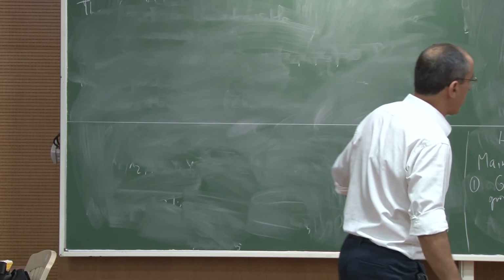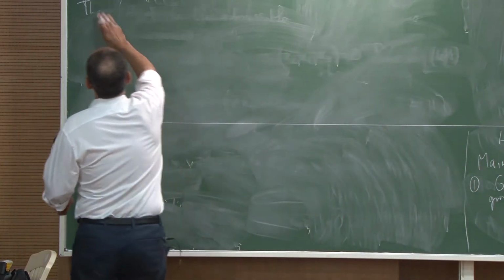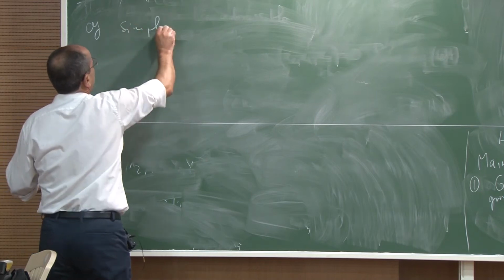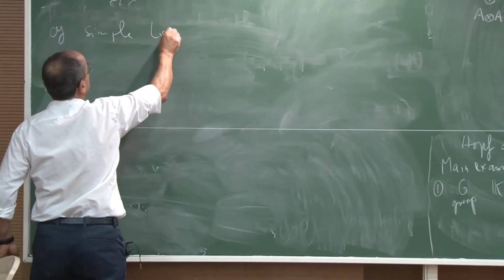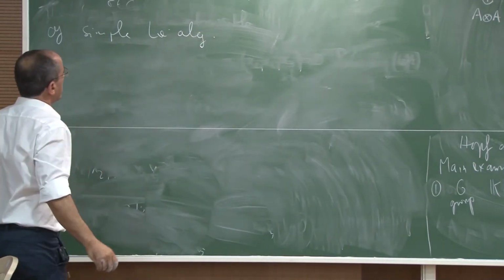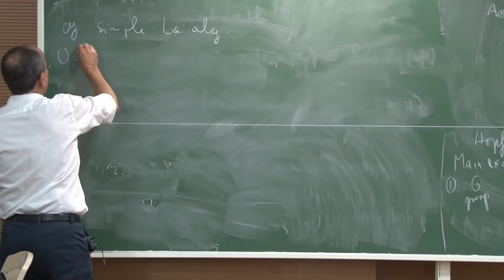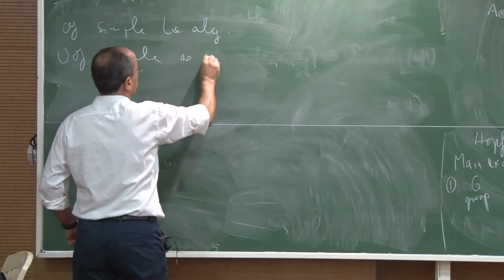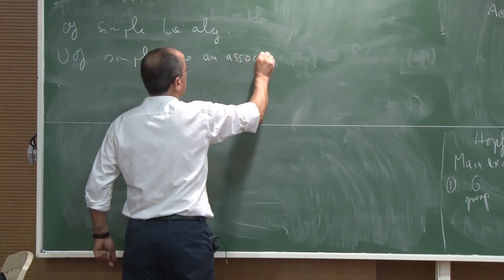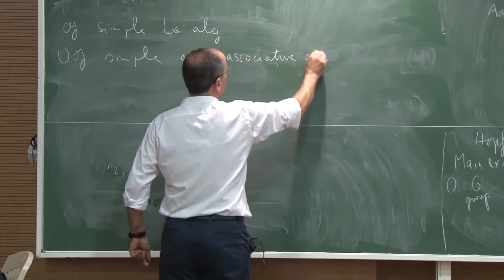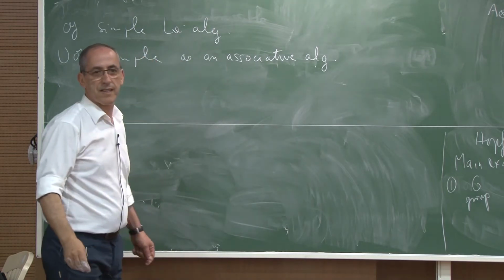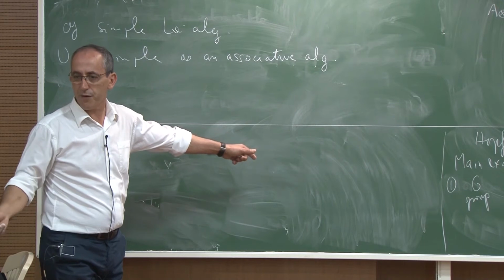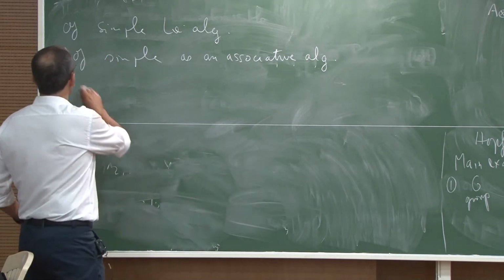Yes. In fact, what we usually have is G a simple Lie algebra. For a simple Lie algebra, UG is also simple as an associative algebra. Then, if it's simple, we cannot deform it.